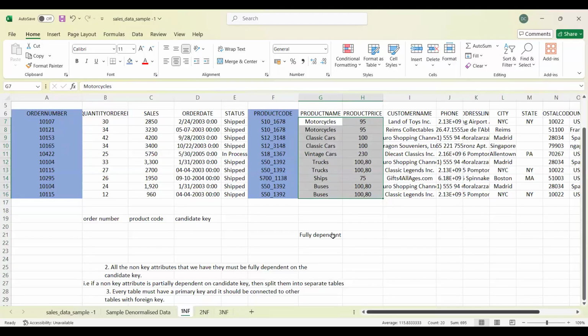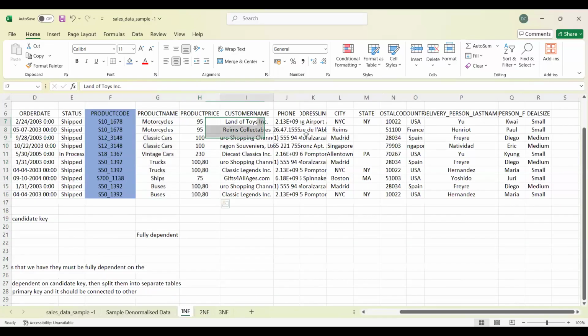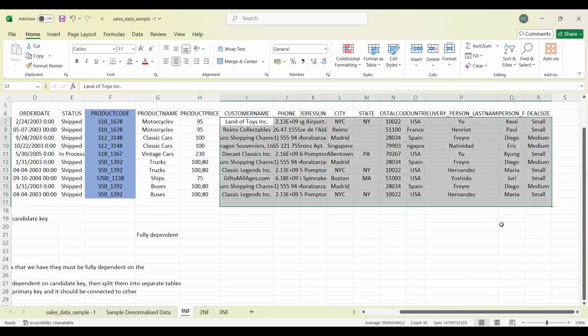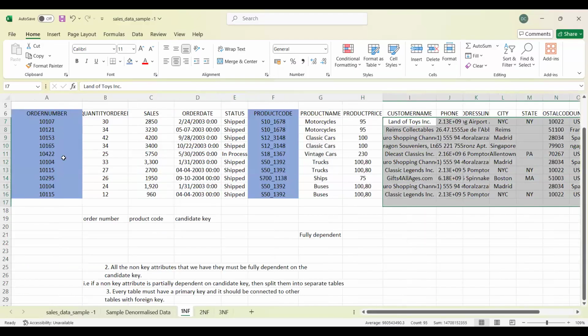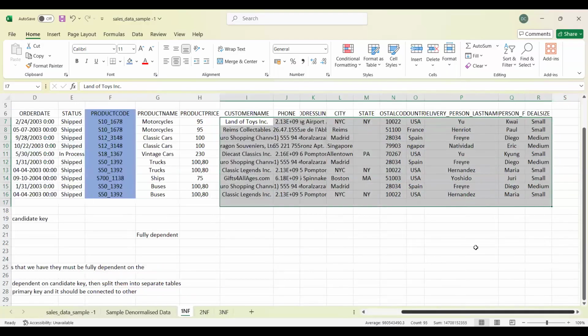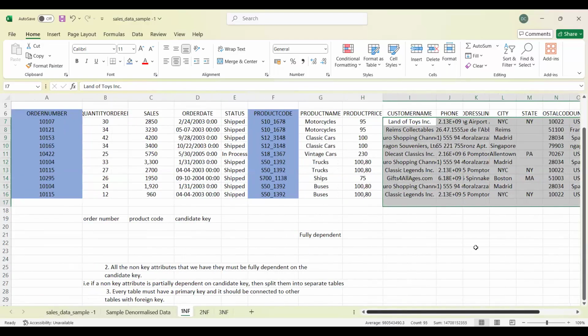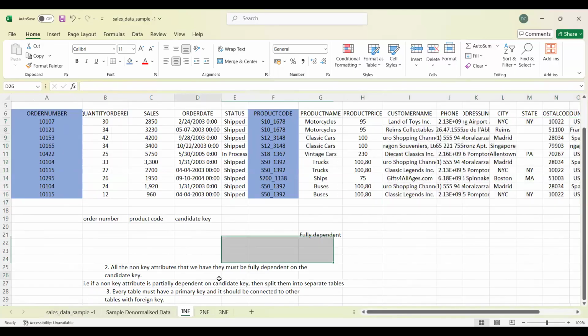In the same way, we have customer and all the remaining columns. They won't fully depend on these two columns. Customer name, customer address, delivery person details, deal size, all those things won't fully depend on product code and order number. If the data is not fully dependent, we call it partially dependent.